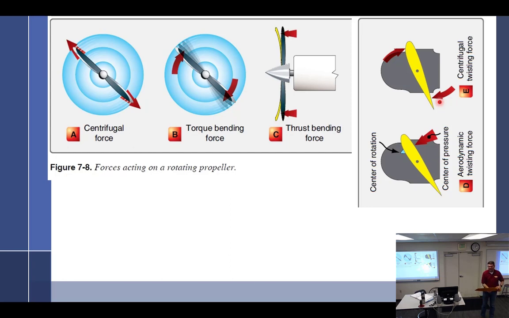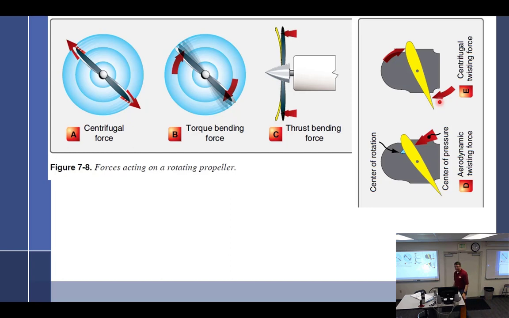Because of the way the blade is, the mass wants to flatten out as it's spinning. You would think aerodynamic force would make it go into that, but it doesn't. Aerodynamic twisting force makes it go towards feather, the most aerodynamic position. But as it's spinning, centrifugal force wants to line it up and make it go that way, and this one wins.